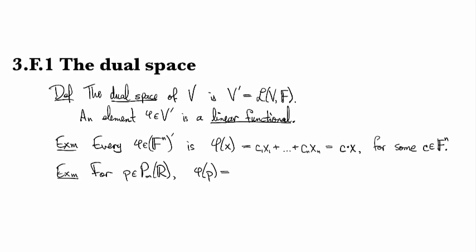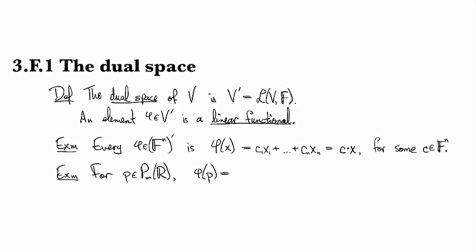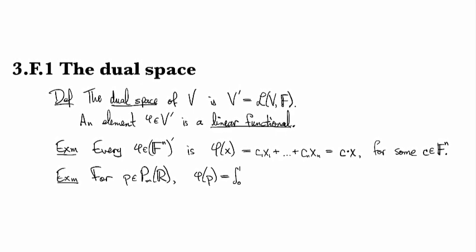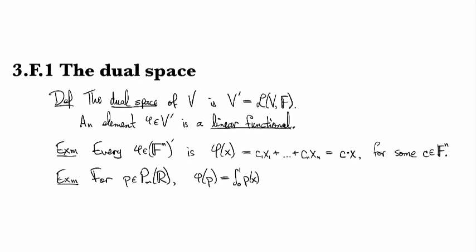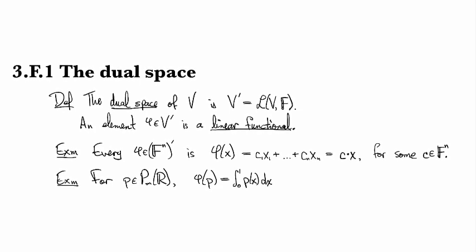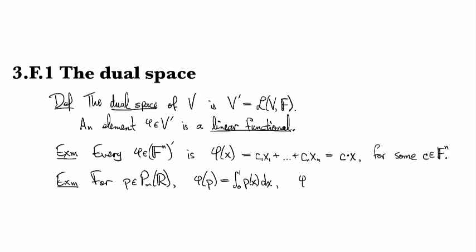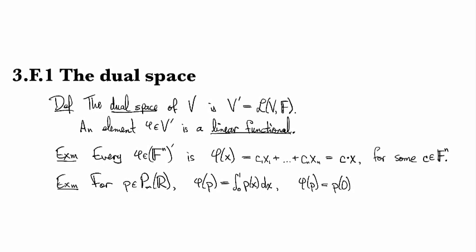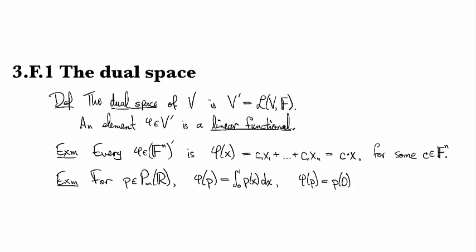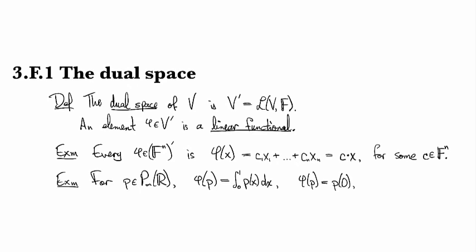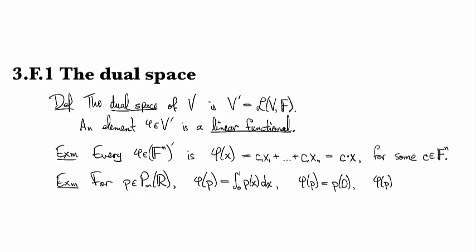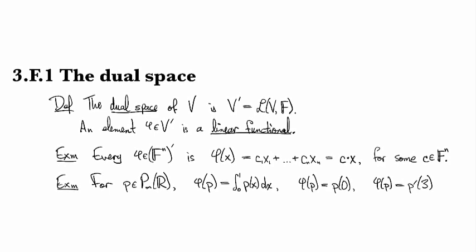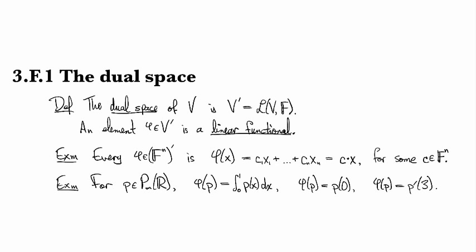So the linear maps that have domain P_m and take you into numbers include integration over some set, evaluation at some point, like 0 or any other number, and evaluation of the derivative at some point, like maybe 3. So those are all examples of linear functionals.